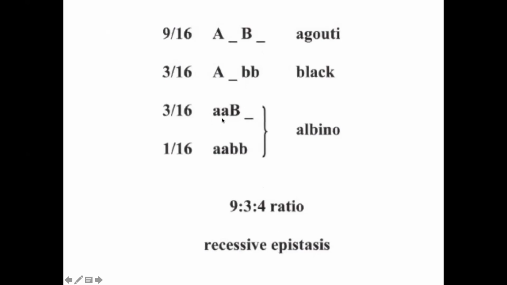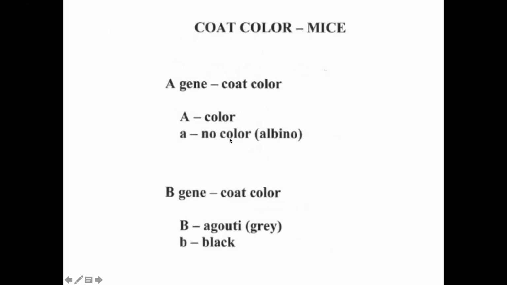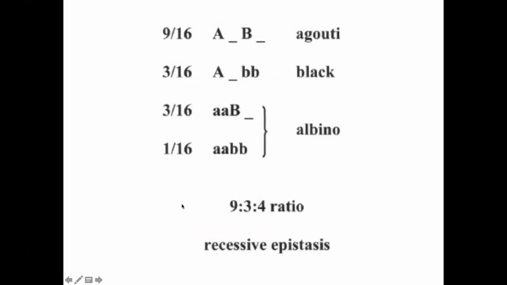What about this last phenotypic class of albino? If you're homozygous recessive for A, based on the model, you can't get any color. So it doesn't matter what alleles you carry at the B gene, you're still going to be colorless, white or albino. So homozygous recessiveness at A is masking or modifying expression of the trait determined by the B gene, which is color.